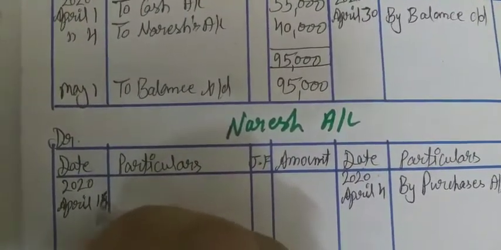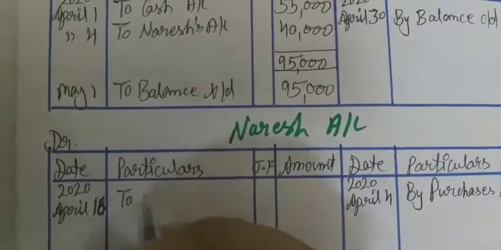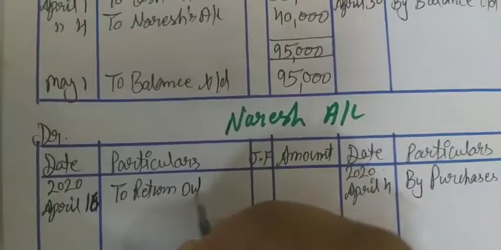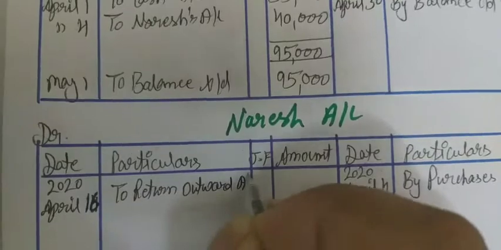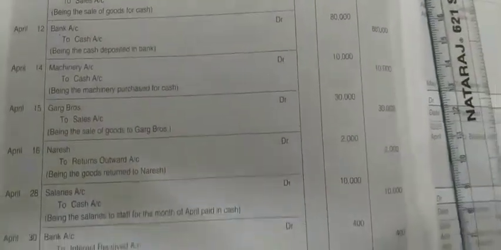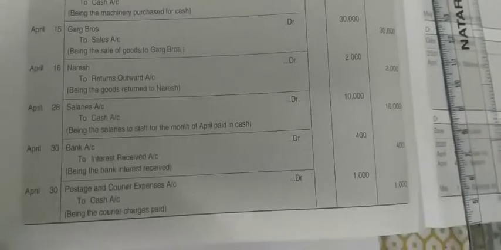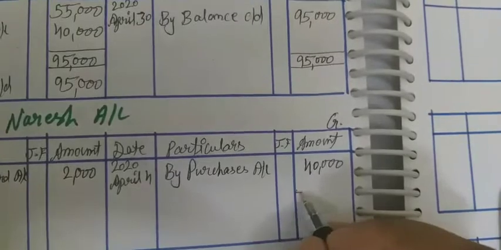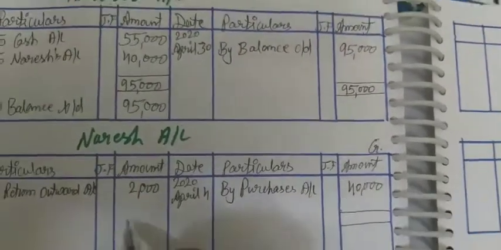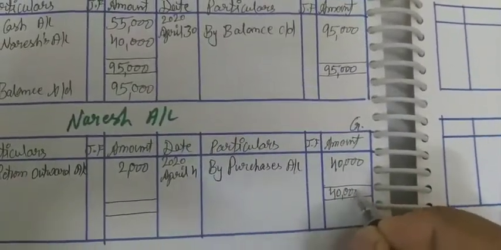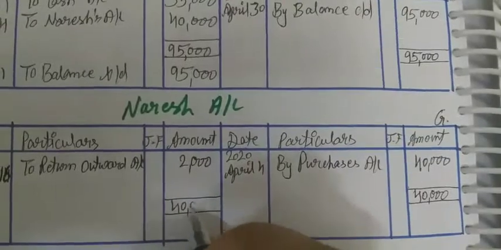The Naresh account is debited to the return outward account of rupees 2,000. So 2020 April 16, to return outward account of rupees 2,000. Okay, and after this, is there any other transaction related to Naresh? No transaction is there related to the Naresh account. So now, students, we have to do the balancing. The credit side total is more in comparison to the debit side, that is 40,000, and this 40,000 we have to record over there.